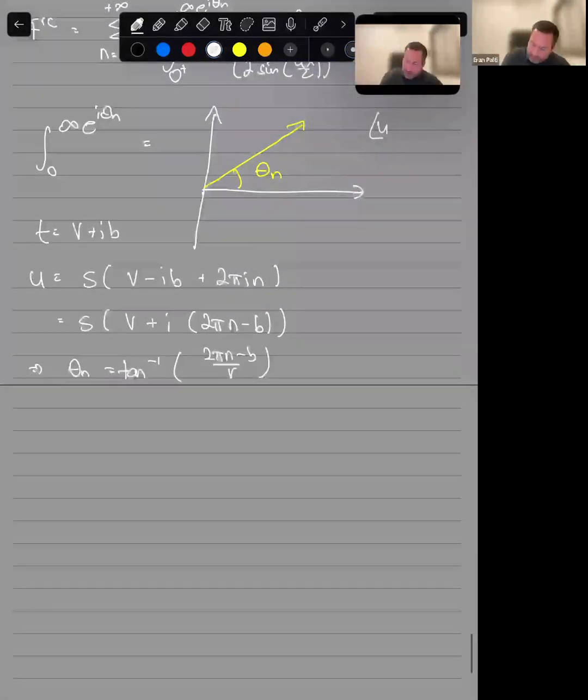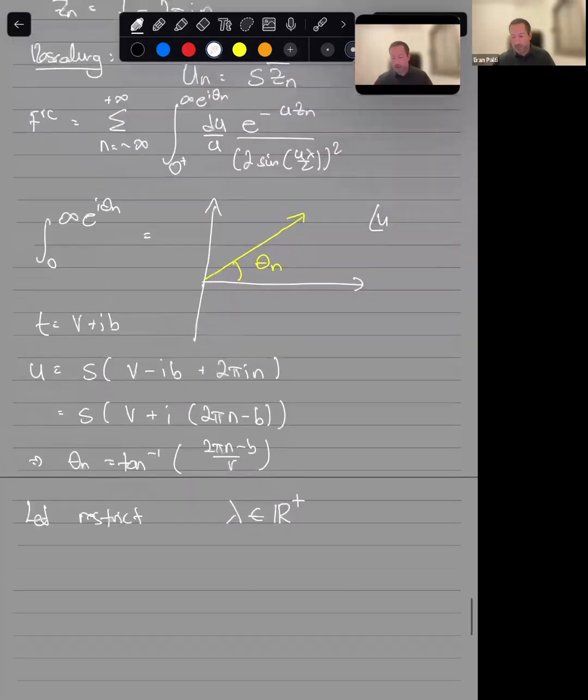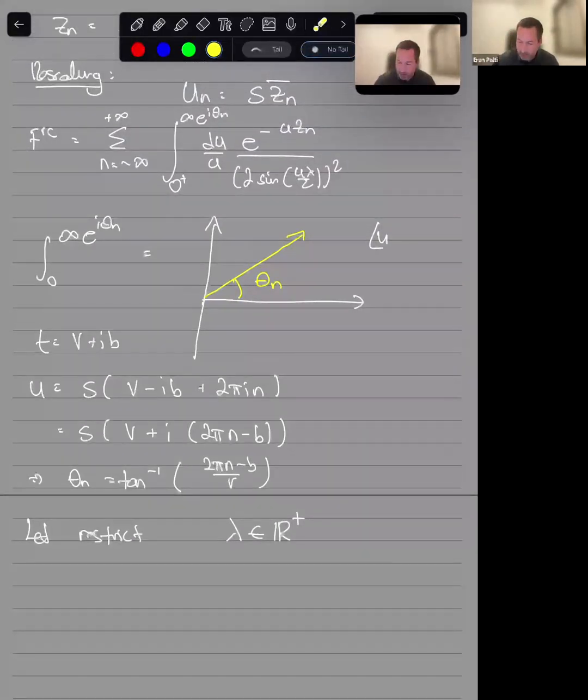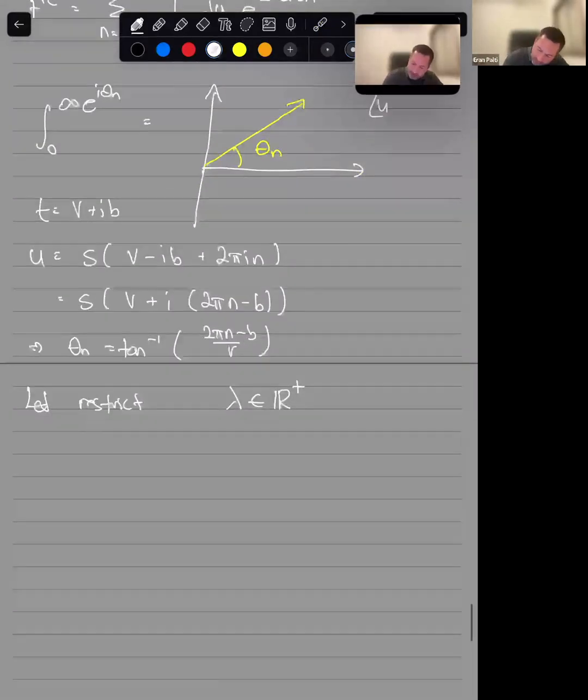Now let us restrict, for simplicity for now, lambda to be real and positive. That's the coupling, the topological string coupling lambda, which appears here. Then we can ask, where are the poles in the u plane of this expression here? Well, if lambda is real, then the poles are along the real line, when u is equal to 2 pi over lambda times a positive integer.